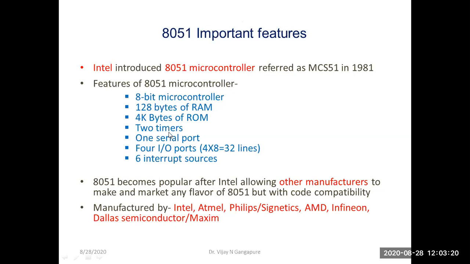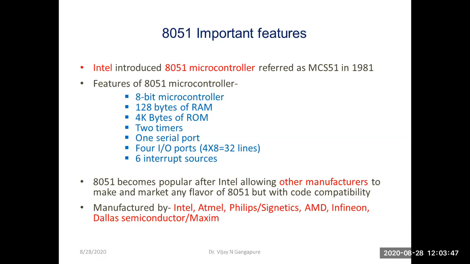It is having two timers, timer 0 and timer 1, one serial port for serial transmission and reception, and four IO ports, that is 4 by 8. That means four IO ports are having 8 lines each. So in this way, total number of IO lines in case of 8051 microcontroller are 32.